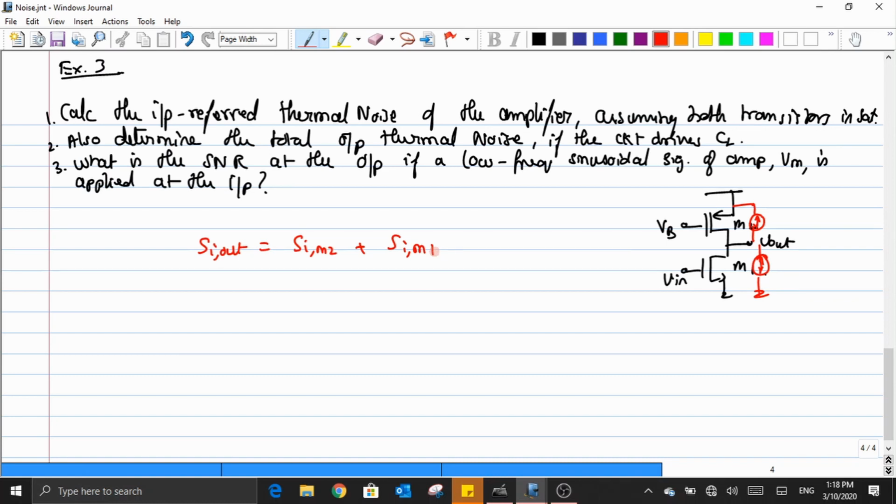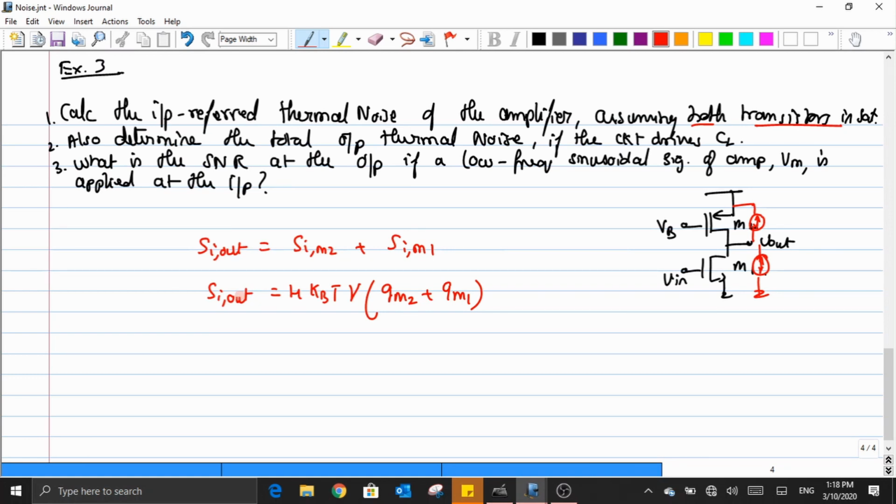Now what are those quantities? Yeah, it is 4 kBT, and the gamma is going to be the same just because I'm going to assume both the transistors are in saturation. So I pull this term out. I have gM2 plus gM1, and that is my output power spectral density in terms of a current.